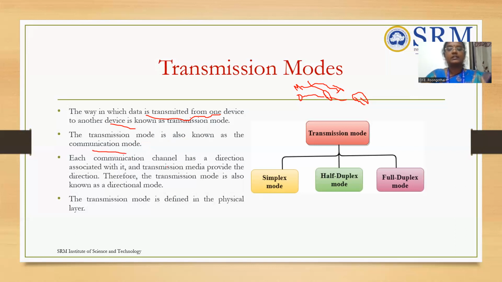Based on the direction in which we send the data, we have different types of mode: simplex mode, half-duplex mode, and full-duplex mode. We decide this transmission mode in the physical layer. We will see the OSI layers in detail in an upcoming session, as we will have different types of layers. We will discuss that later.